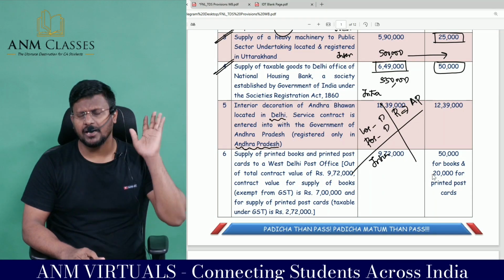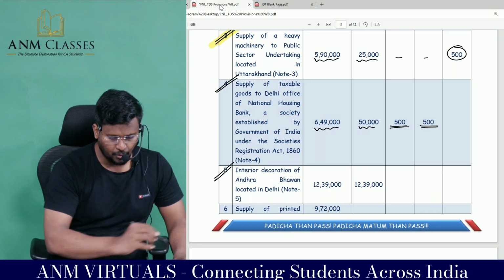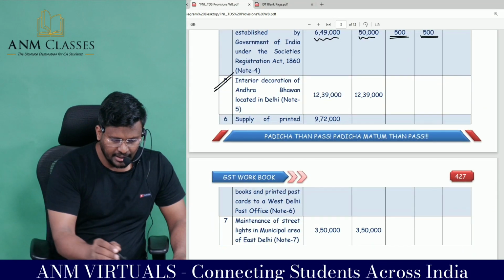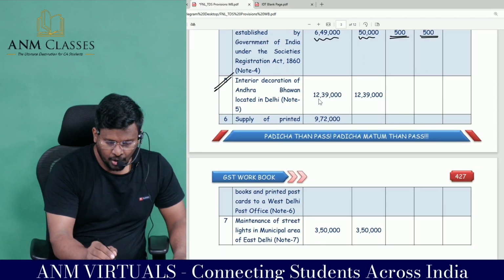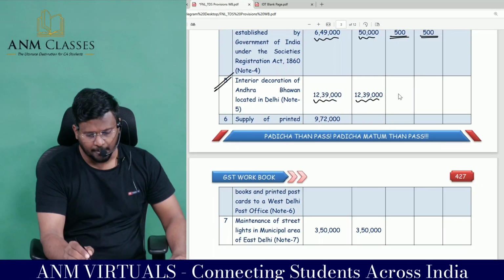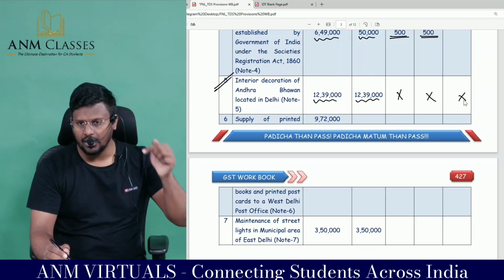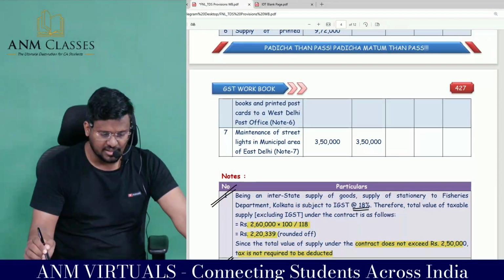Because of that, my dear lovable students, there should be no TDS for point number 5. So, interior decoration of Andhra Bhavan located in Delhi. For this 12,39,000, entire value is outstanding, but this falls in the exception category. Hence, no TDS has to be deducted.